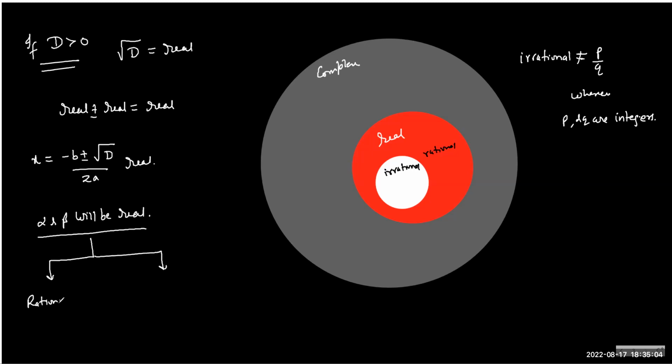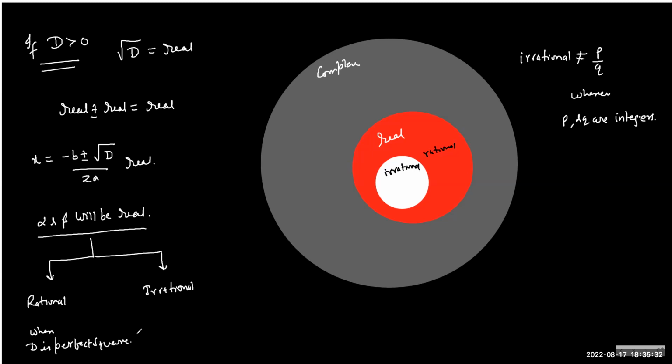Rational and irrational. So when is it rational? When d is a perfect square. So let's say d is 4 or 9 or 16, 25, 144, 169. Okay.